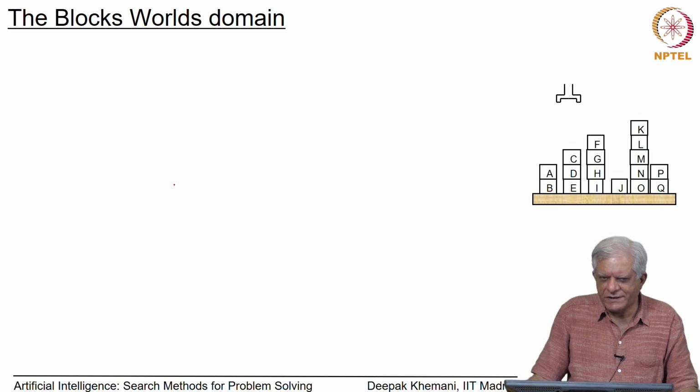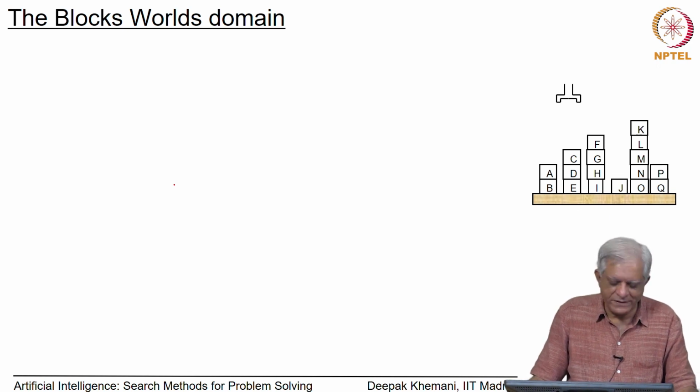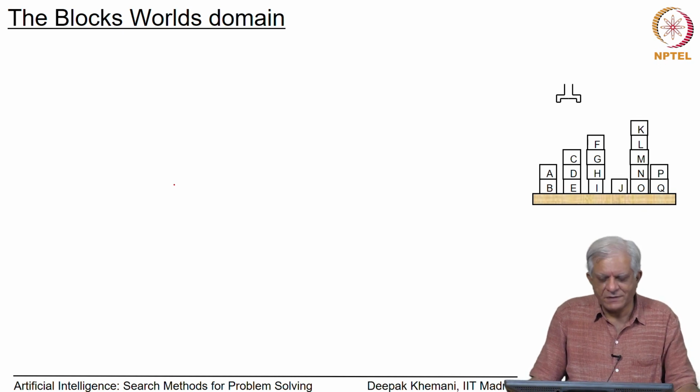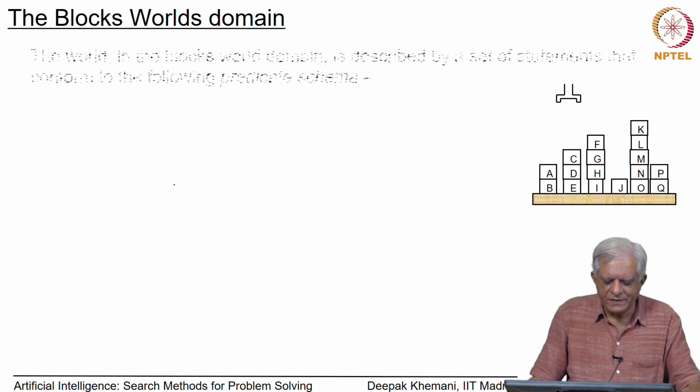There are no coordinates, no weights, no metrics at all. There is simply a world in which blocks are stacked on top of other blocks, and there is a robot with one arm which can manipulate these blocks. So, this simple domain is called the blocks world domain, and the STRIPS language started off by describing this domain.